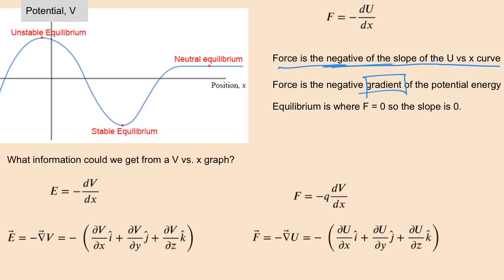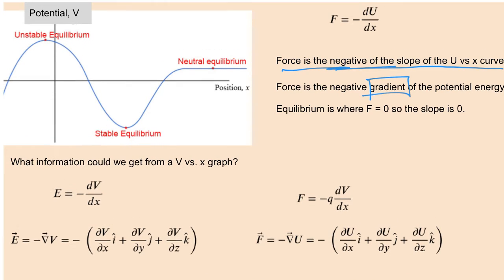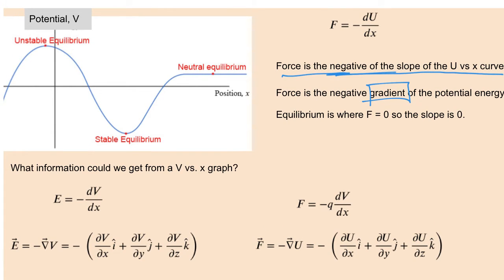If you actually have a U versus x graph, you can do the same thing and get the electric field from the force, right? So if that is an F equals 0 situation, that also means that E equals 0 right there.